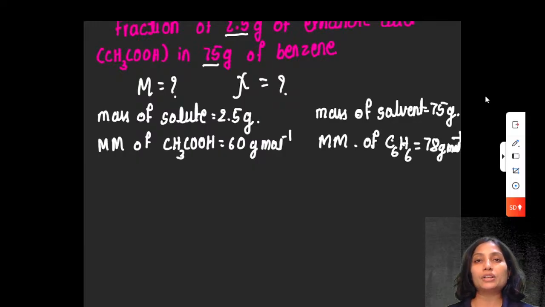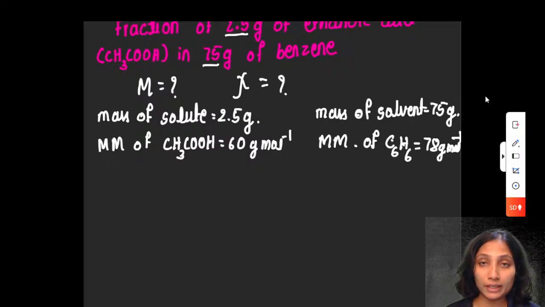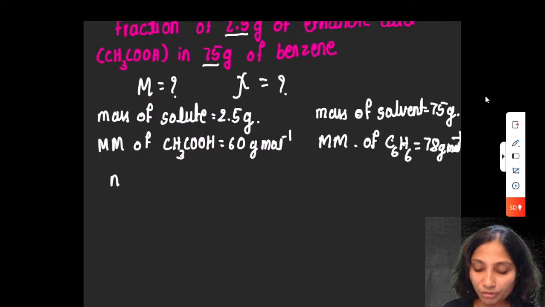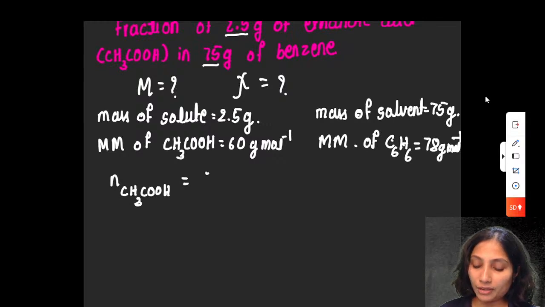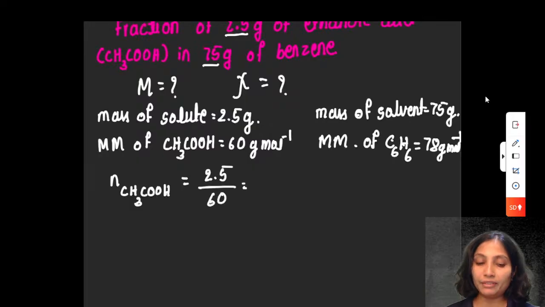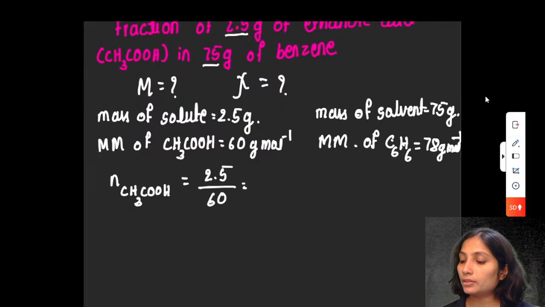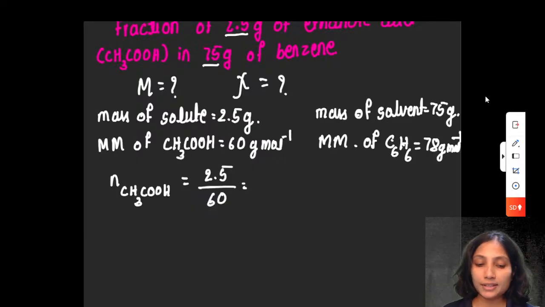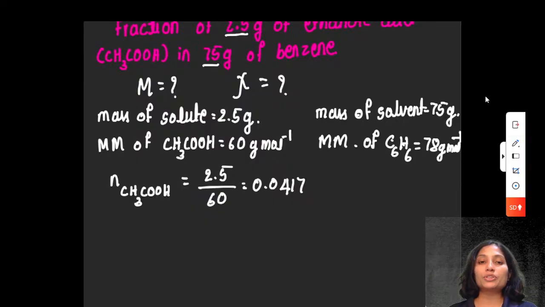So can we calculate the number of moles of solute and solvent? Yes, obviously. Number of moles of CH3COOH is equal to given mass divided by molecular mass, 2.5 divided by 60, which is 0.0417.